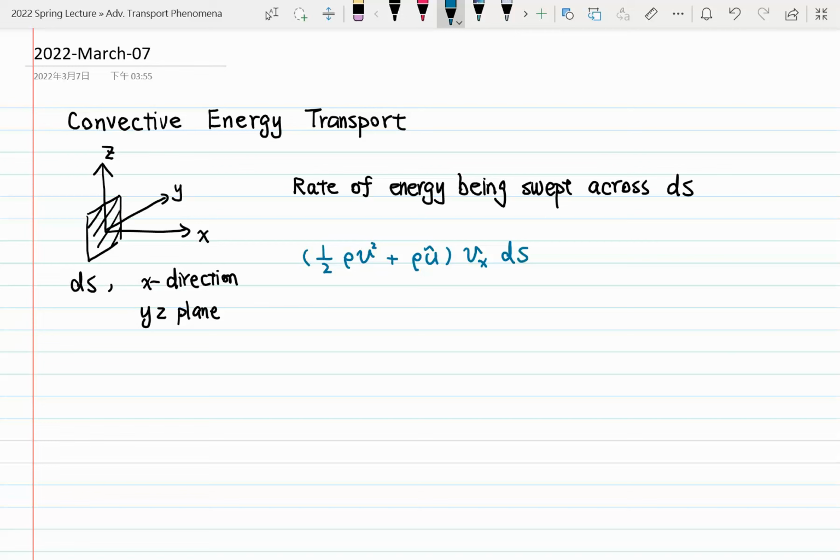So what are these? The first term here, you can see that it's the kinetic energy. And the second term here is the potential energy, or we call it internal energy.